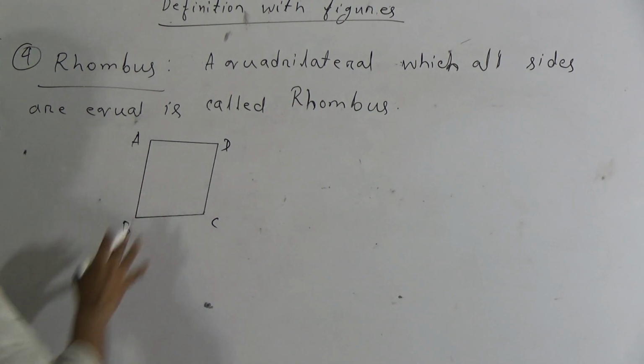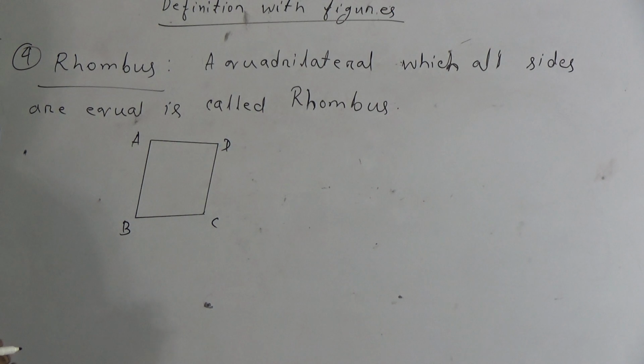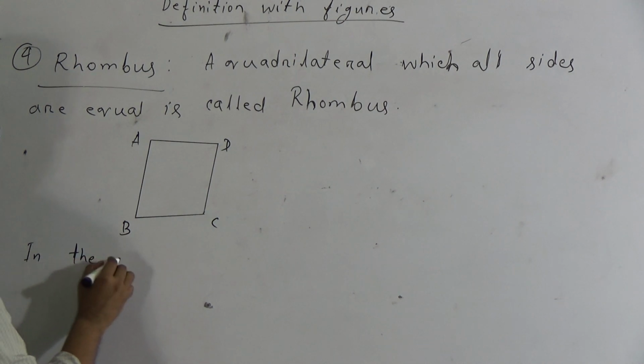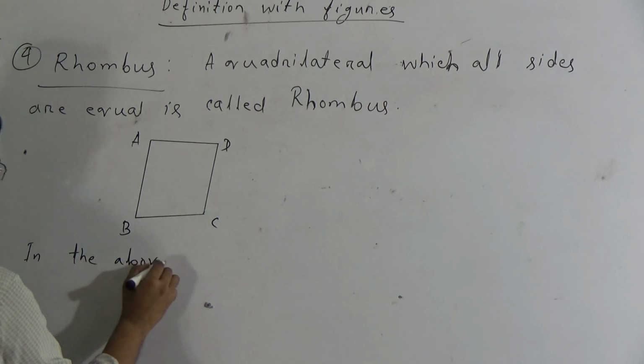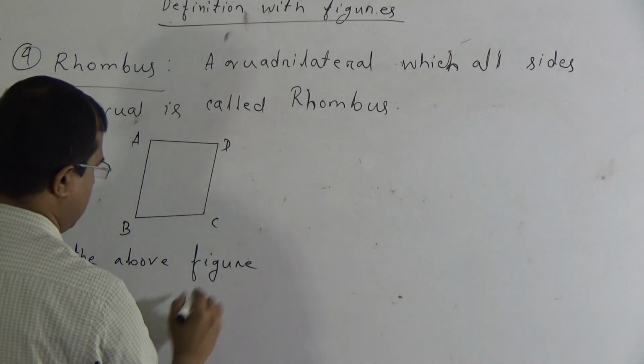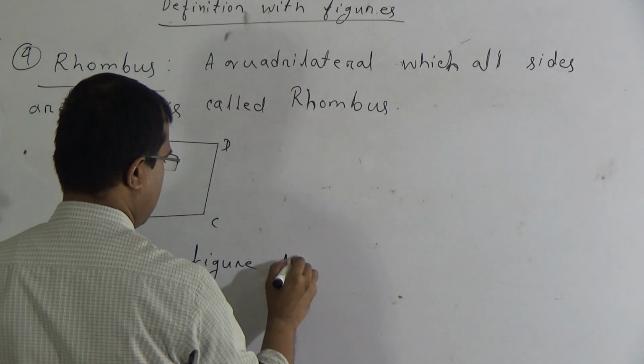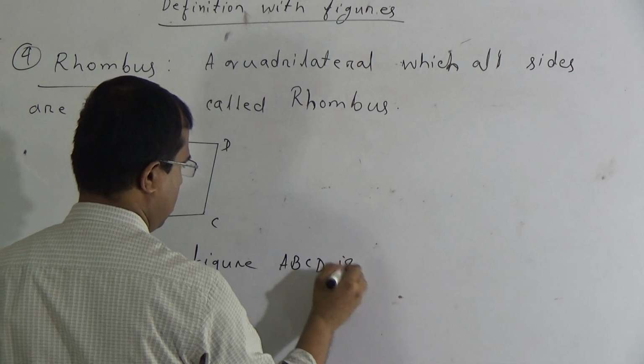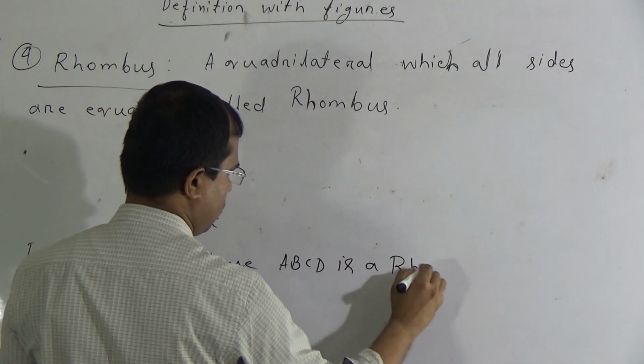Dear students, all its sides are equal, so we can say that this is the figure of a rhombus. In the above figure, ABCD is a rhombus.